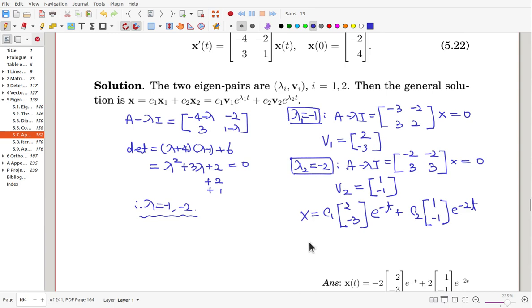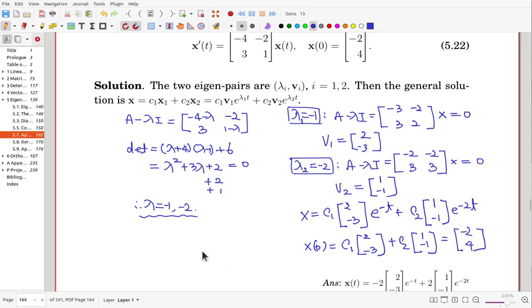Once t is 0, then we have C1 times 2 and minus 3, plus C2 times 1 and minus 1, and that must be the same as the given data, minus 2 and 4. We can decide C1, C2 quite easily. This is a linear combination of two vectors equal to that one.